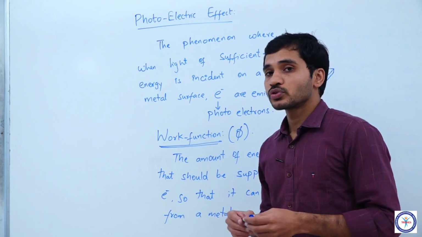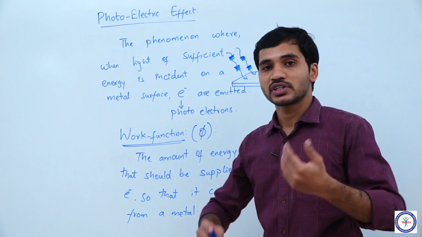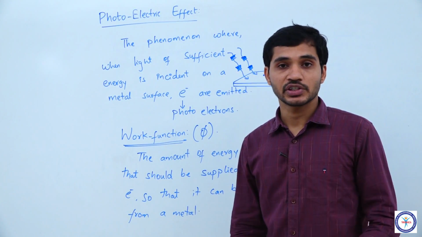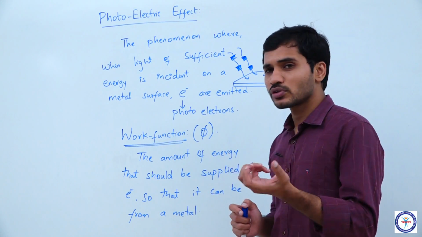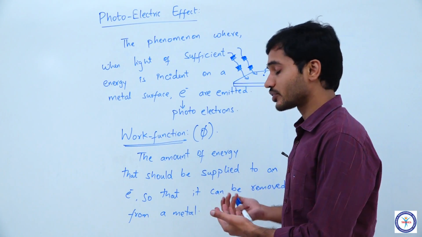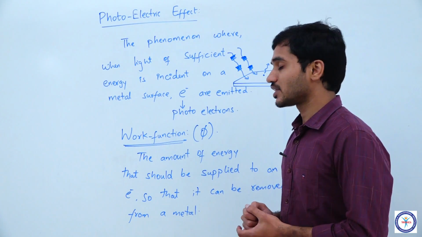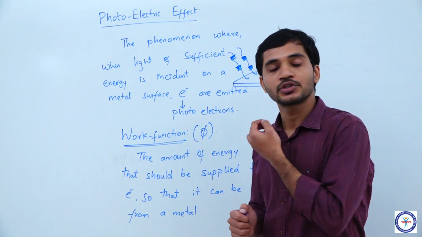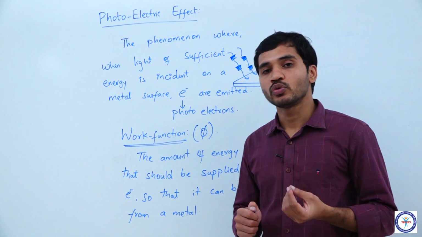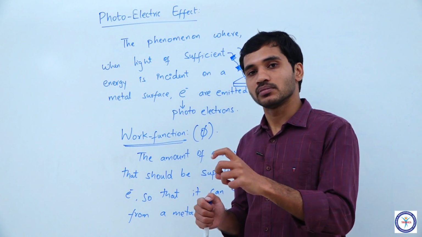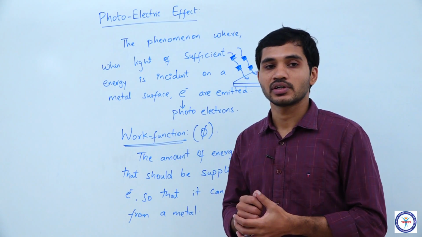Do not get confused with the definition which you would have studied in chemistry for ionization energy. Ionization energy is also of a similar sort of definition. Ionization energy is the energy that should be supplied to remove an electron from an atom of a gaseous system.